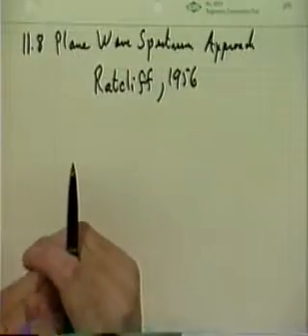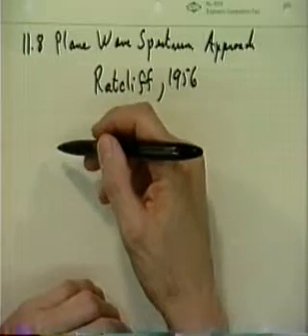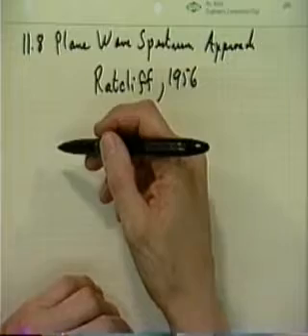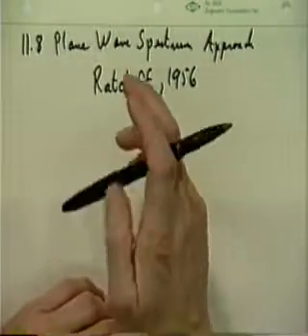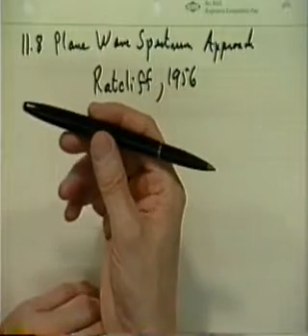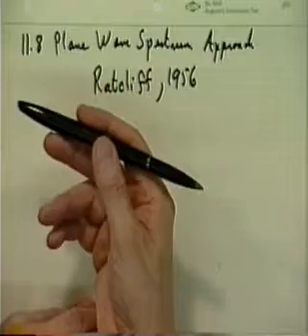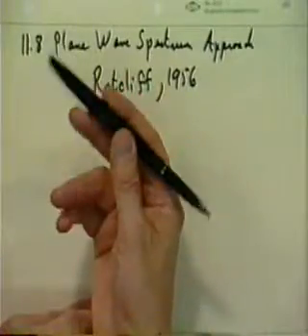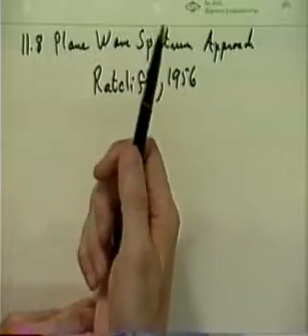So what we're going to do is take the complex field in some plane and do a Fourier analysis of that. And we're going to see that the different Fourier components represent plane waves traveling in different directions. And we'll be able to calculate how far these various plane waves travel.